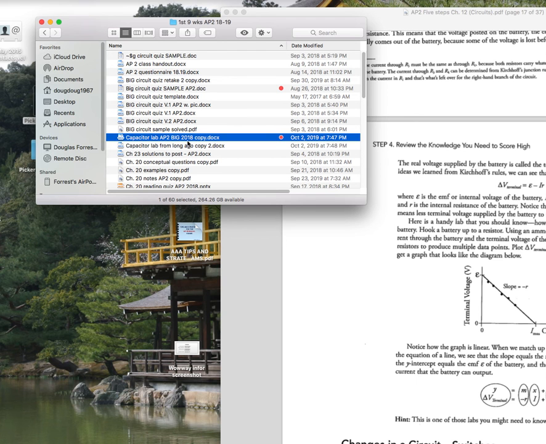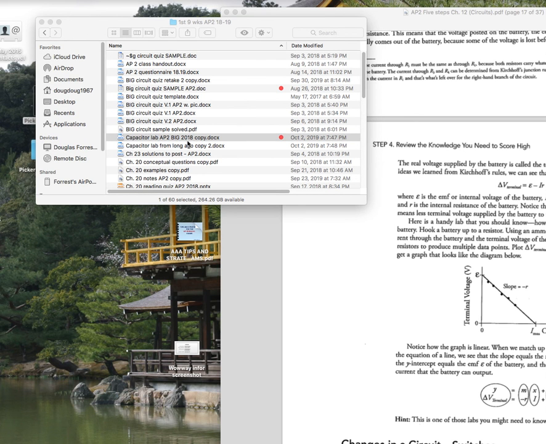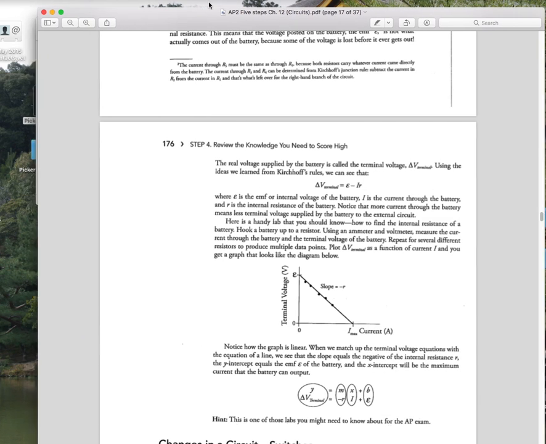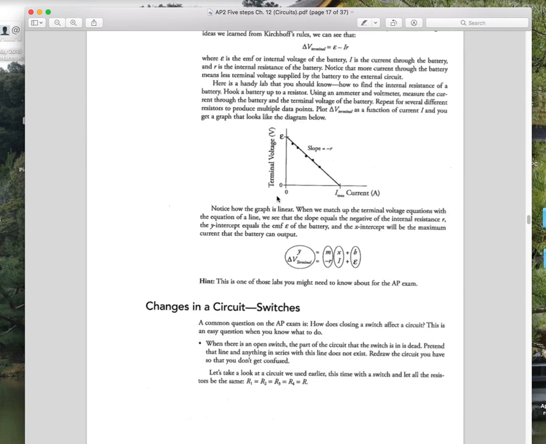Capacitor lab. Forgot this computer has an older version of Microsoft Word, because of course it does. I'm just going to go back here and it'll probably open at some point.